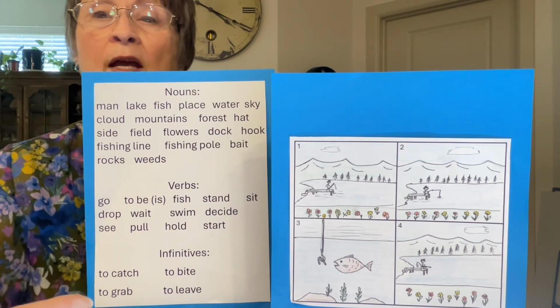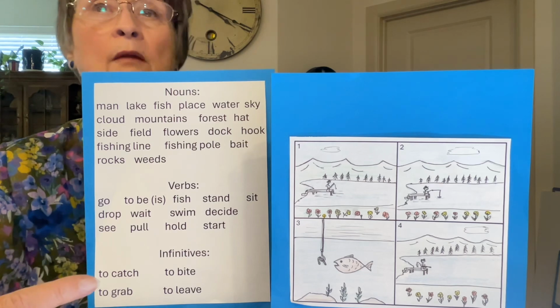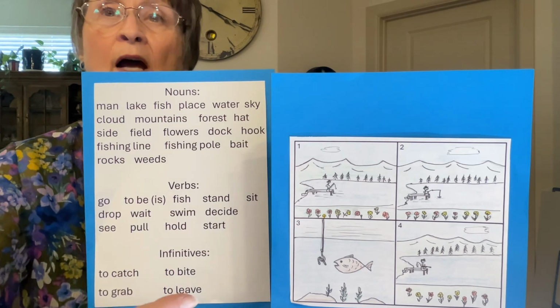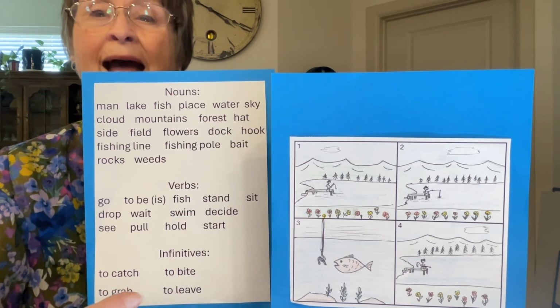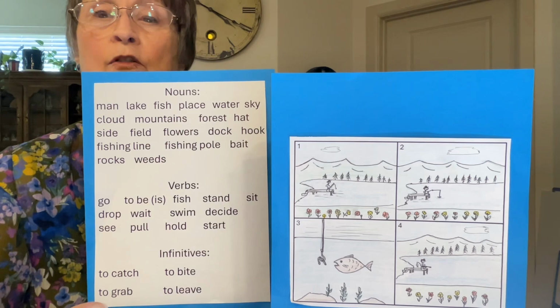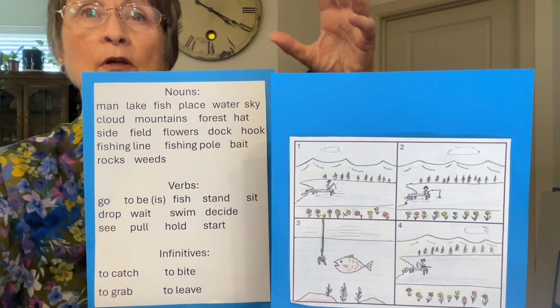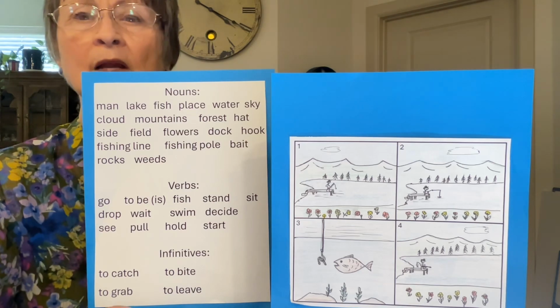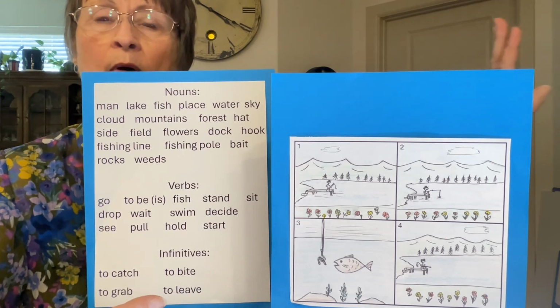So because they have a to in front of them, they will not be the main verb, but they can be in the sentence, and they can have a direct object. To catch, to bite, to grab, that's like it's right here, you grab it with your hand, grab it. And to leave, to go away, to leave.